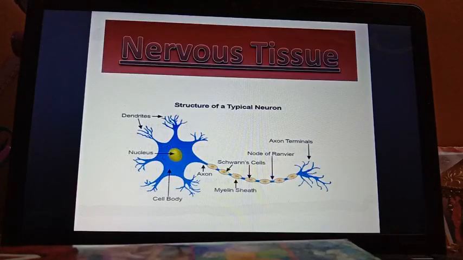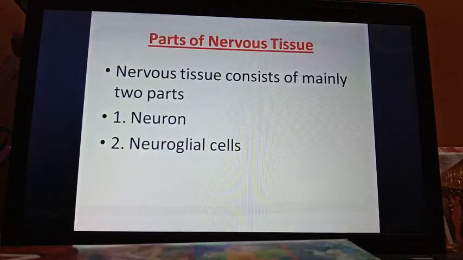Next, we will proceed to the nervous tissue. Nervous tissue is mainly found in the brain, spinal cord, and nerves. It is responsible for controlling and coordinating different body functions. Nervous tissue consists of mainly two parts.